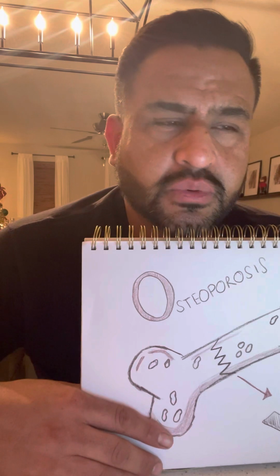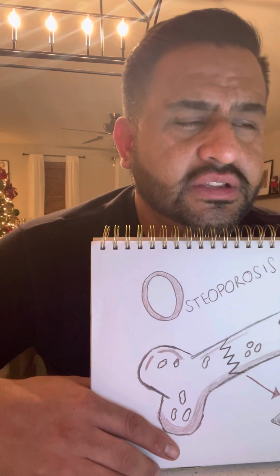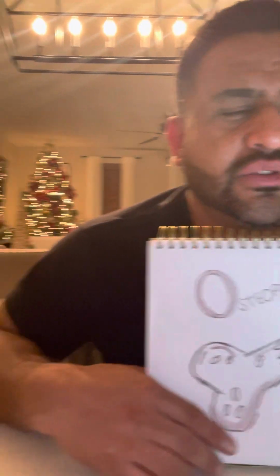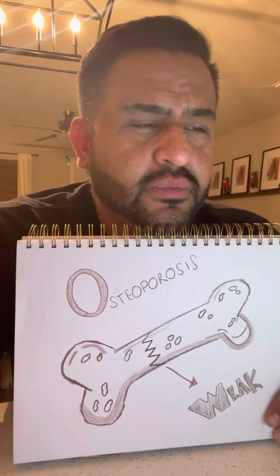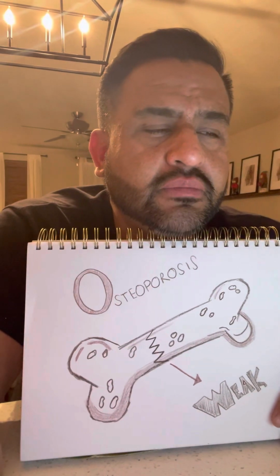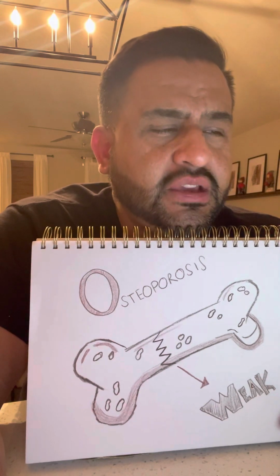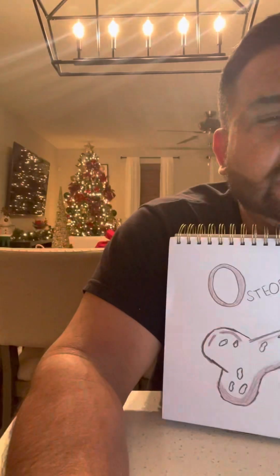For this reason, the test that has to be done is called a quantitative ultrasound or a dual energy X-ray absorptiometry. These tests will measure the bone mineral density, which measures the peak bone mass and also the amount of bone loss.